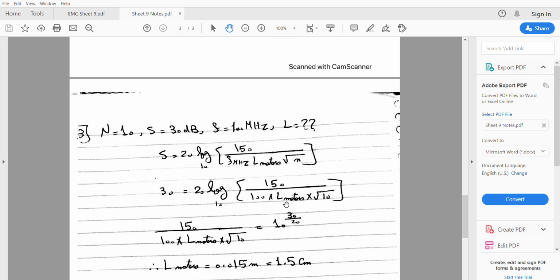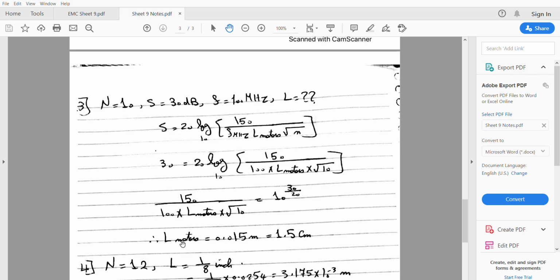So this equation has one unknown, so we can solve it as follows. In order to cancel the log, we get 10 power 30 over 20 equal to these values, and from here we can get the value of the length, which is equal to 0.015 meter, and if we need to convert it to centimeter, it will equal 1.5 centimeter.